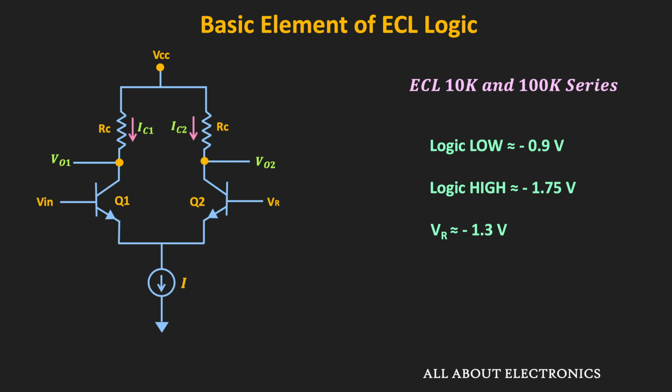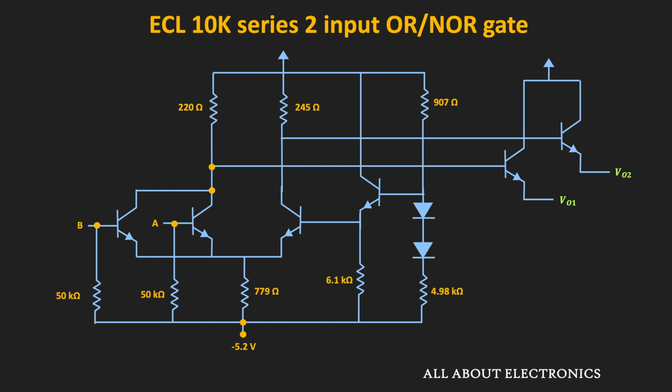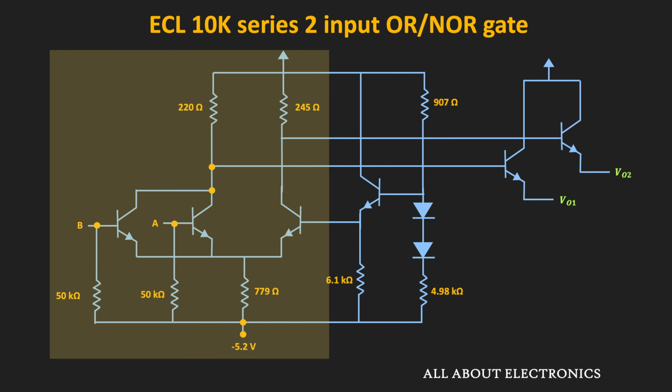And here, this is the circuit of the ECL 10K series 2 input OR and NOR gate. As you can see, one advantage of this ECL gate is that the output and its complement are available at the same time. That means using the same circuit, it is possible to get both OR gate as well as NOR gate outputs. Here, this part of the circuit is the current steering part.